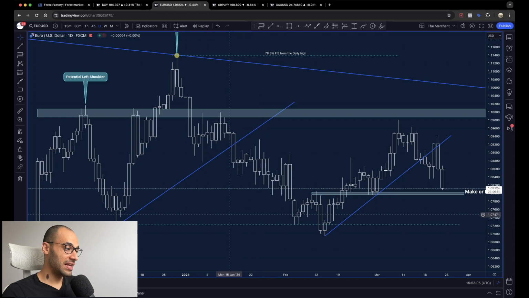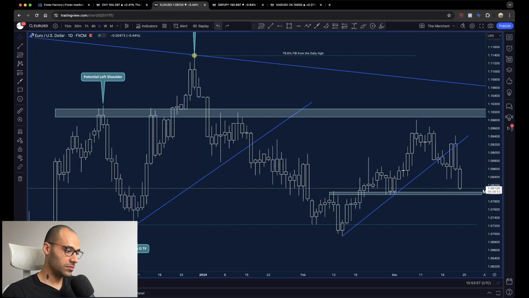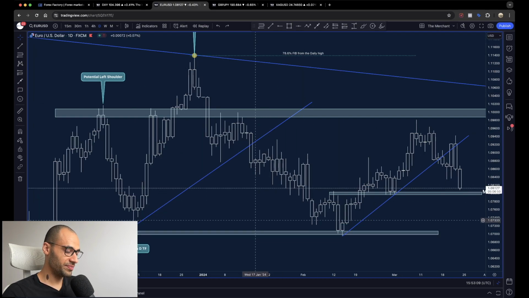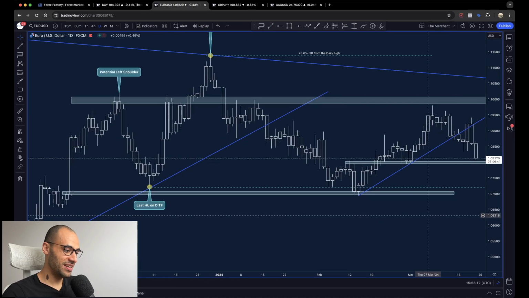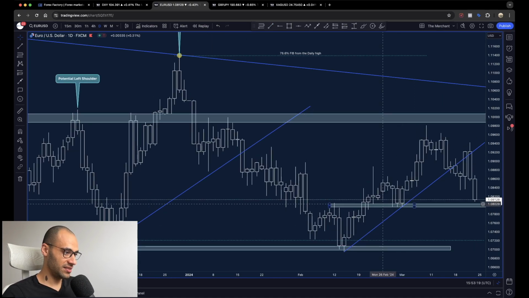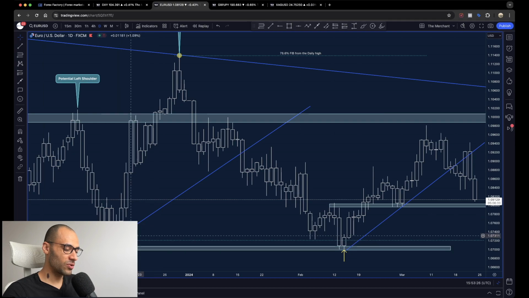Okay, in the community, let me put this one again here. So in the community, we actually had a buy trade, where we exactly purchased from here, because we understand how the market works around such levels.